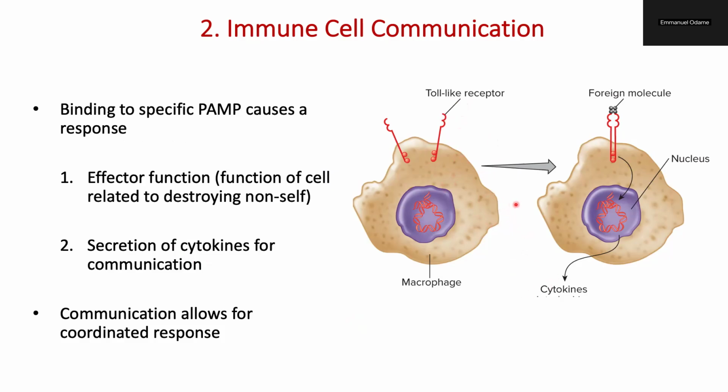Sorry, I think I explained the opposite way. So now this macrophage recognizes the foreign material and secretes cytokines to this macrophage, and then this macrophage moves closer to this cell. So this mode of communication allows for coordinated responses between those two cells, and not only these two cells as an example, but basically throughout all of the cells present in our body.